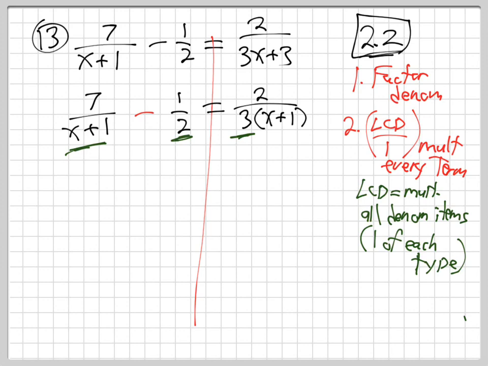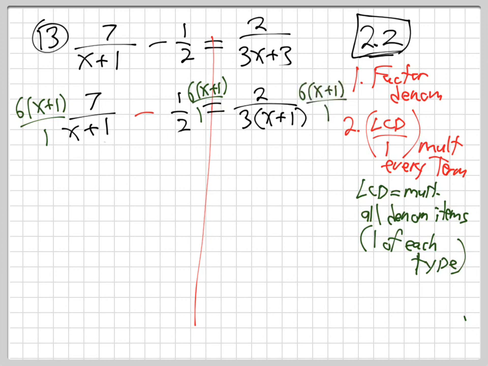All right, so what's the LCD going to be if you put all that together? What is 2 times 3? 6, right? 2 and 3 both go into 6. So the LCD is going to be 6 times x plus 1, over 1.